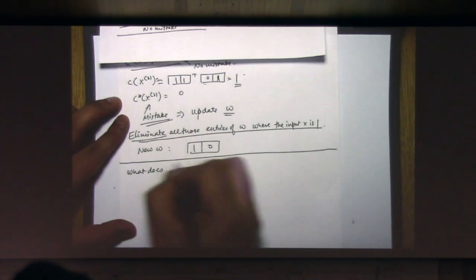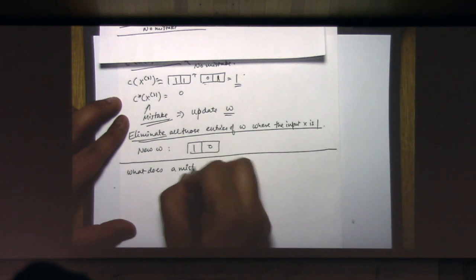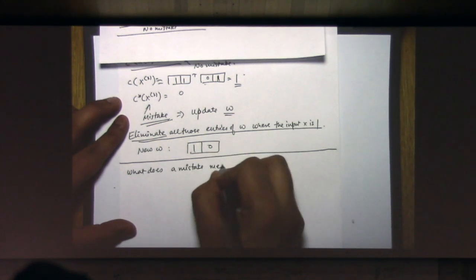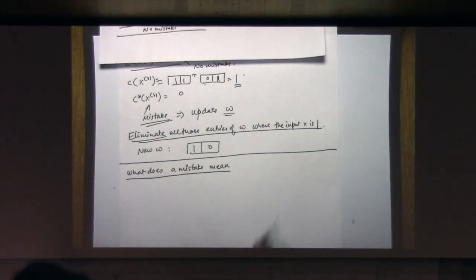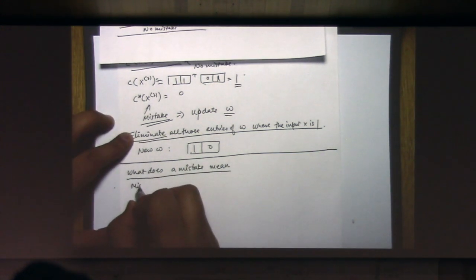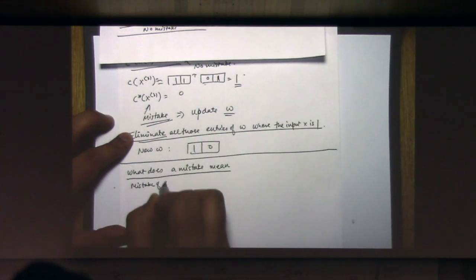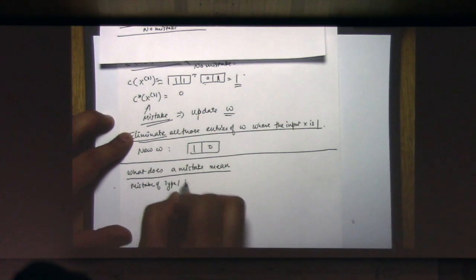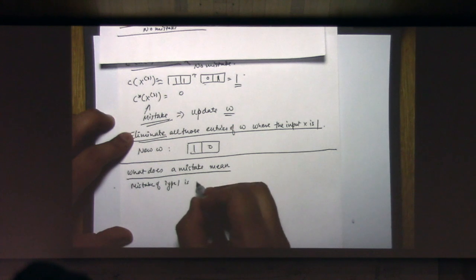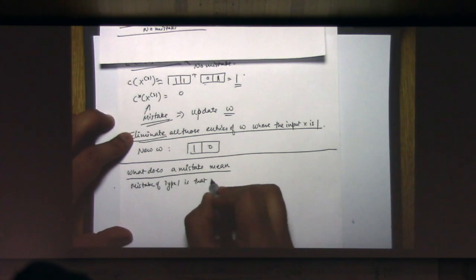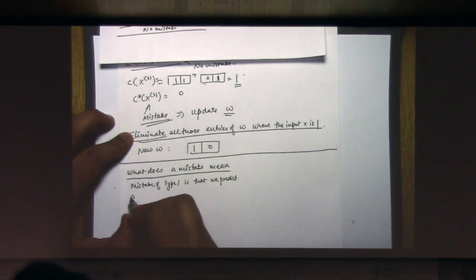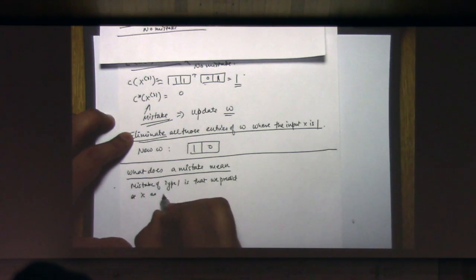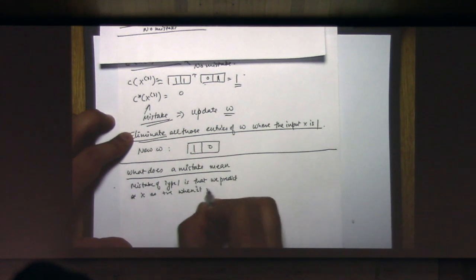So what does a mistake mean? There are two types of mistakes. Mistake of type 1 is that we predict X as positive when it really was negative.